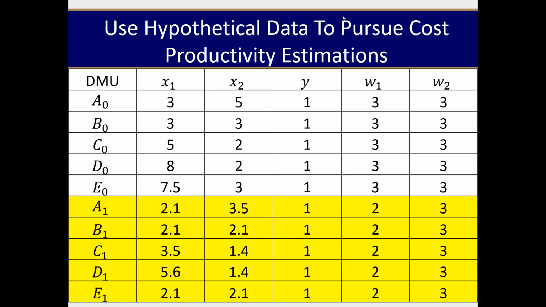Please, I think that with the technical productivity, it doesn't use the input prices, but the cost productivity considers the input prices. Exactly. So whilst both of them use input and output, the technical productivity deals with just the input and output without input prices.